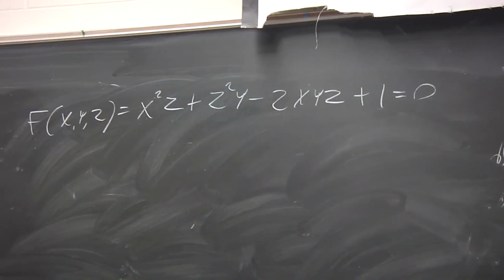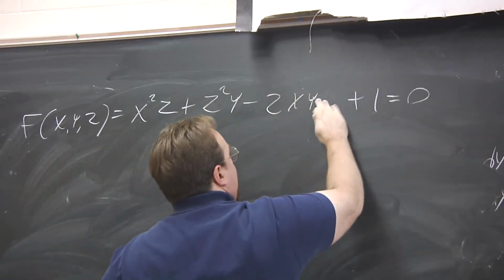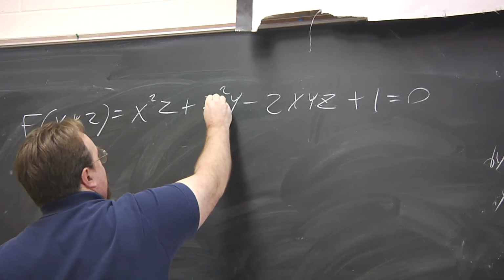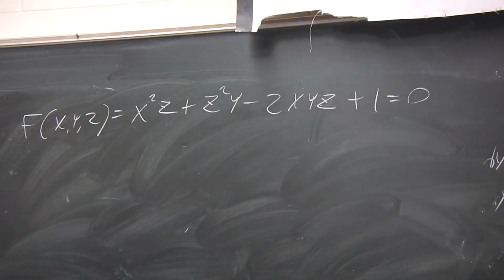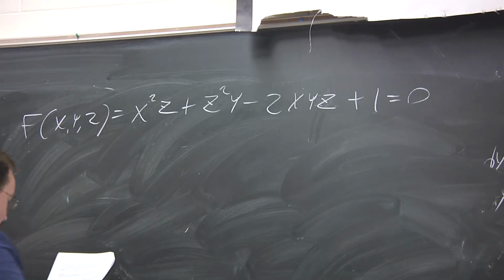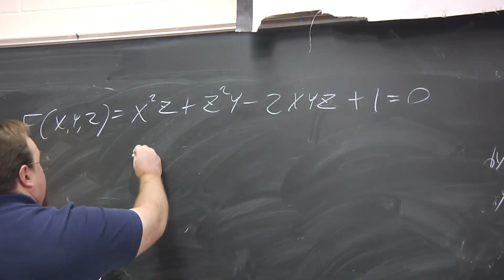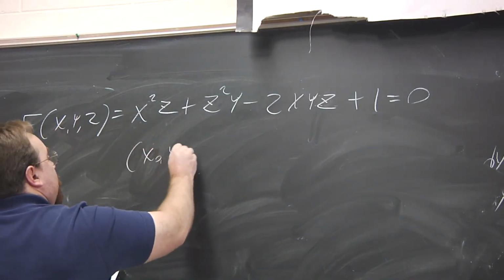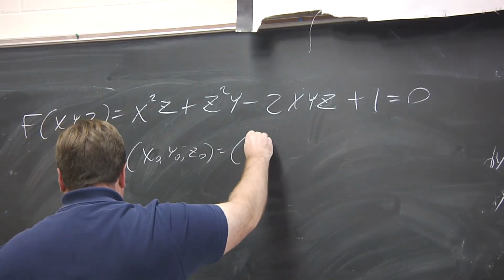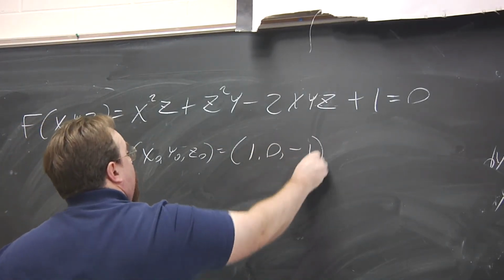Make a z look more like a z. Okay, I guess I should do this. I don't really like doing this, but it'll work. So let's pick a particular point that satisfies this equation. So that would be x naught, y naught, z naught is 1, 0, minus 1.